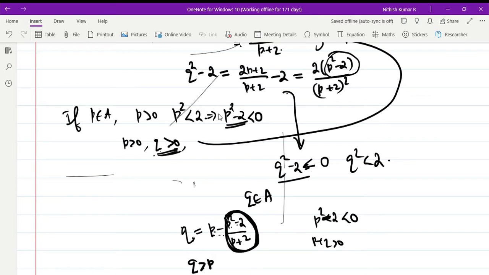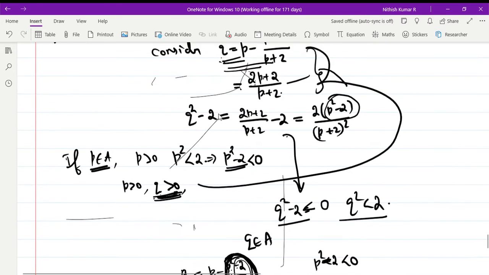So for a p belongs to A, we got a rational number q greater than 0, q square is less than 2, and q is greater than p. This implies A has no largest element.